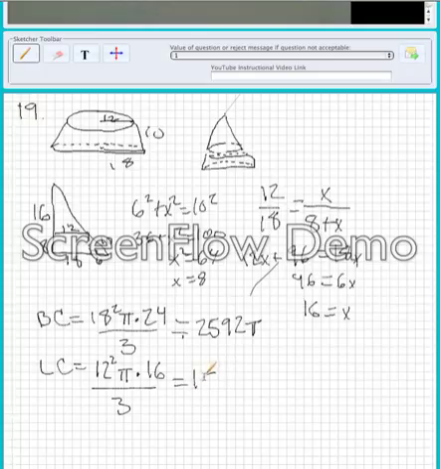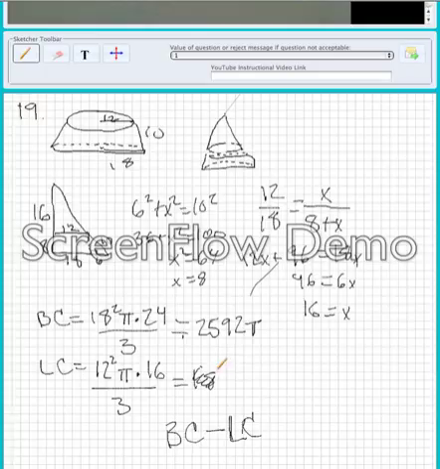Well, if you minus these two together, you minus the little cone from the big one, let me put it into my calculator quickly. 12 squared pi times 16 divided by 3 equals, okay, yeah.